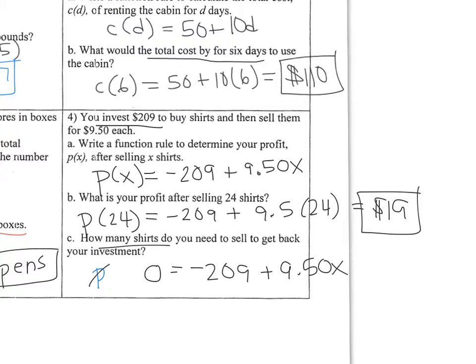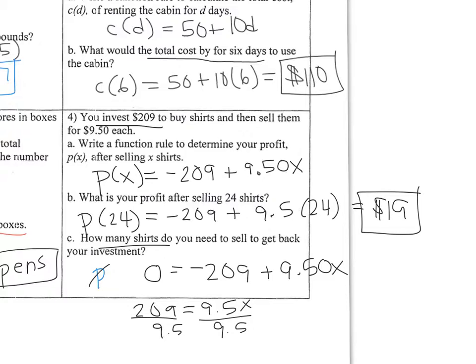It's asking for how many shirts, so that's why I know I keep the variable x as the number of shirts. So I'm going to add 209 to each side, 209 equals 9.5x, and I'm going to divide both sides by 9.5.